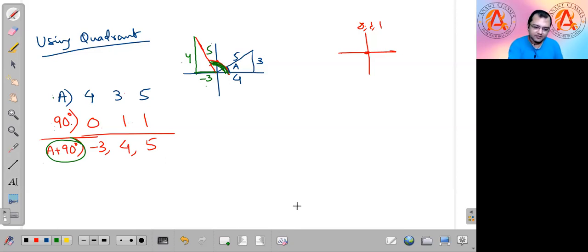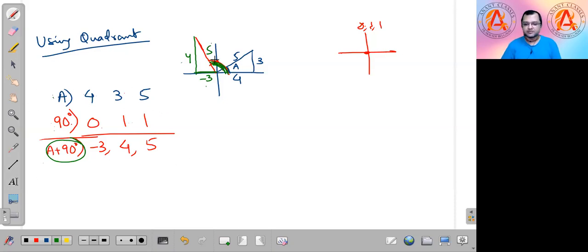Is this clear? Please go through this. Is this calculation clear?